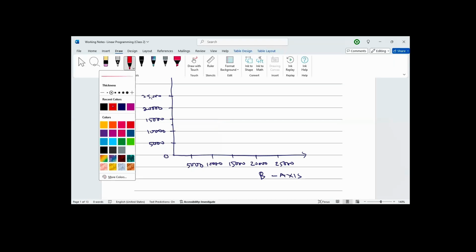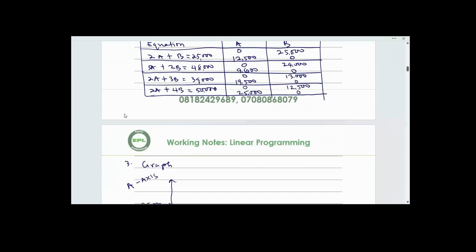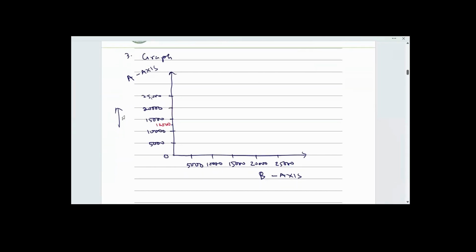So here is 12,500. Then B is 25,000. So here is the 12,500. Then here is 25,000.